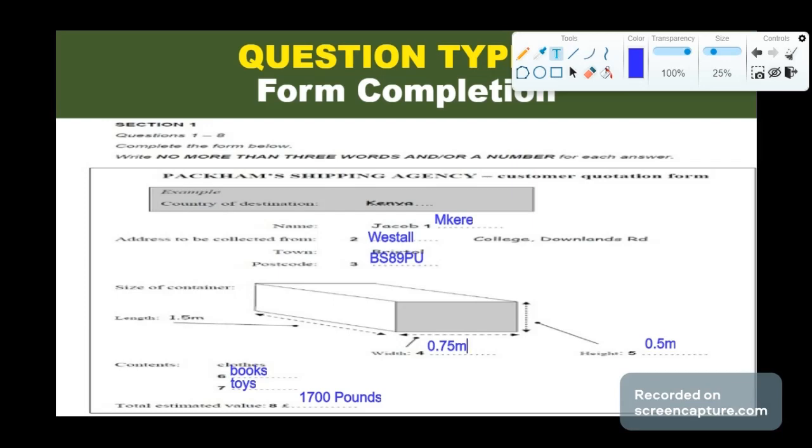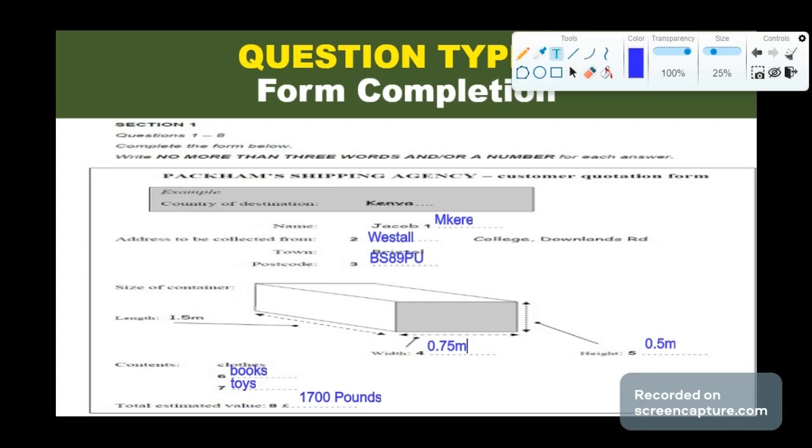Okay, good. Anything else? Yes, there's also some toys. Okay, and what is the total value, do you think, of the contents? Well, the main costs are the clothes and the books. That'll be about £1,500. But then the toys are about another 200. So I put down £1,700.